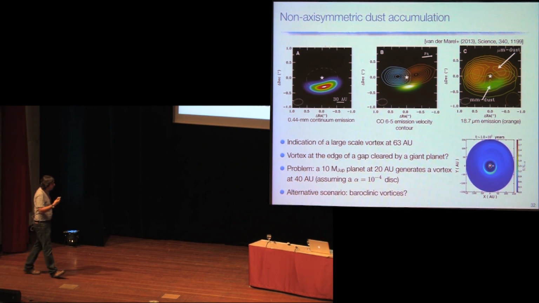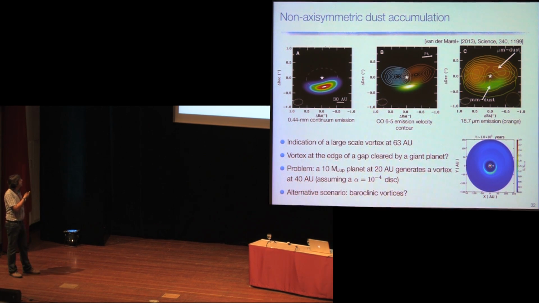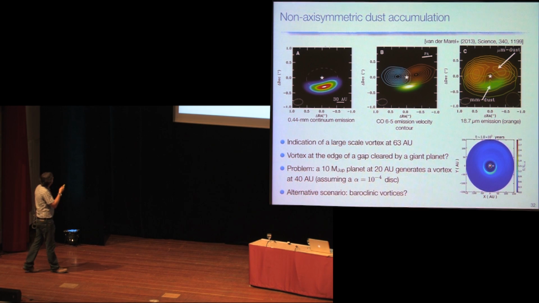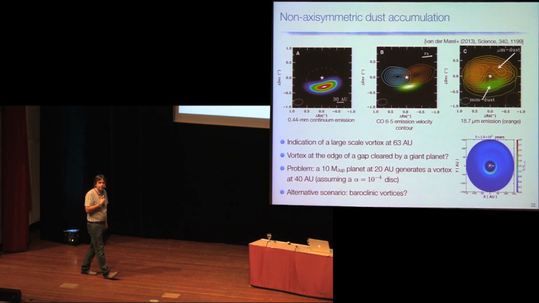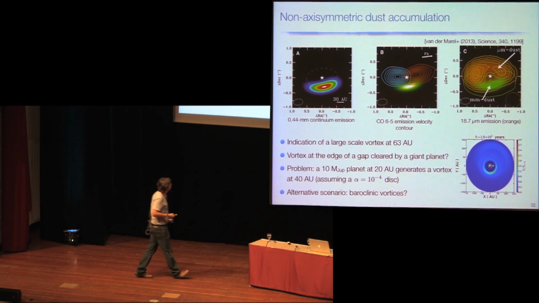So an alternative hypothesis would be to say that these things are actually baroclinic vortices. And this will be confirmed if it turns out that there is no planet in the inner region or no big gap.